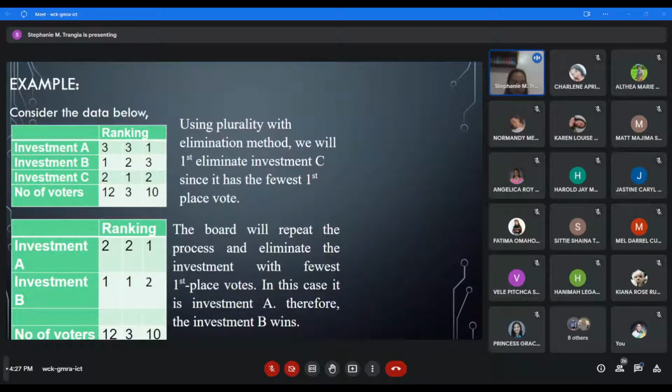So, for B versus A for the first column, that's 1 versus 3. So, B gets the first rank, A gets the second rank. For the second column, you have 2 versus 3. So, first rank sa B, second rank tapos sa A. Sa last column, A versus B. So, 1 versus 3.